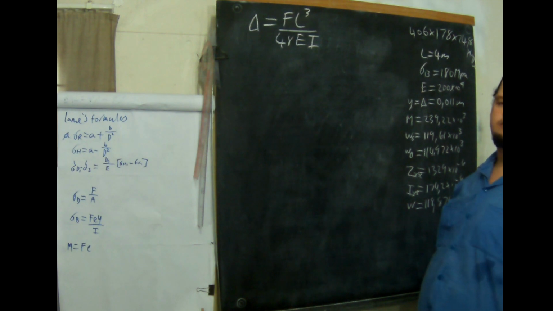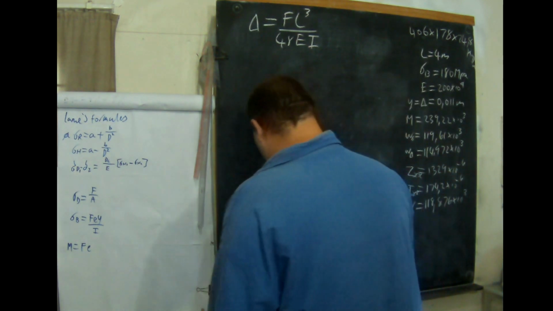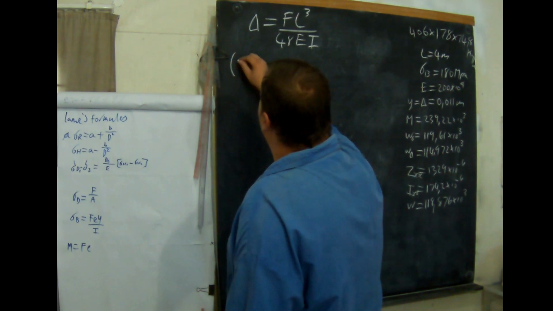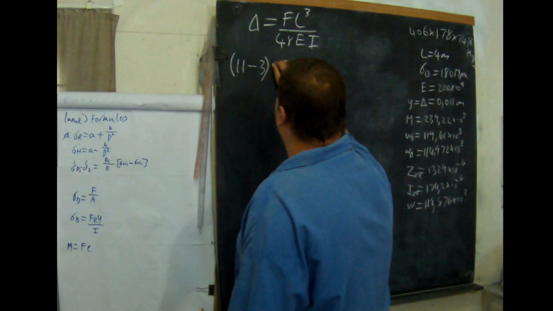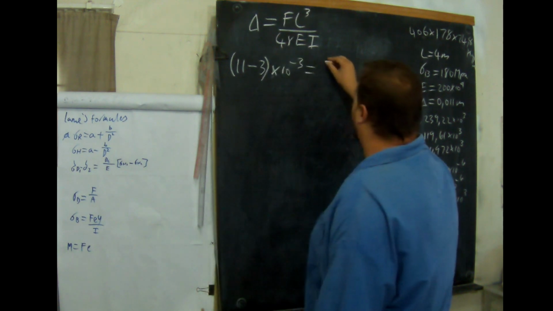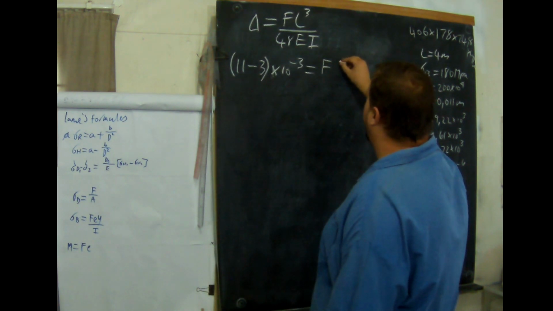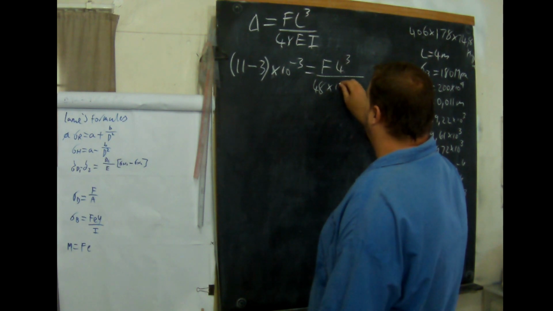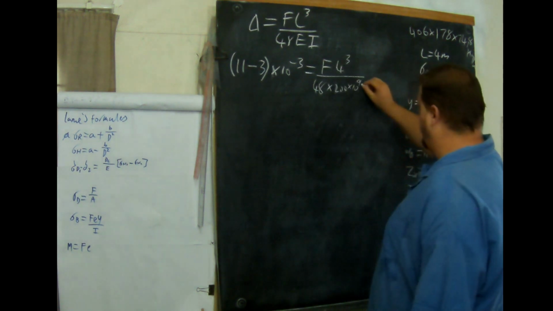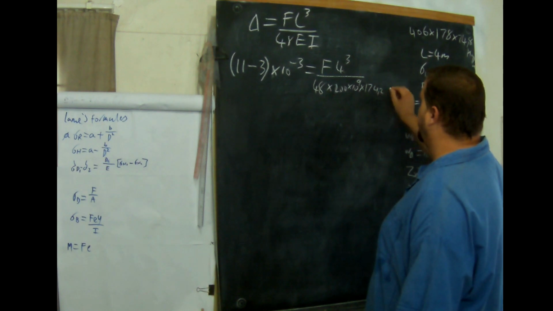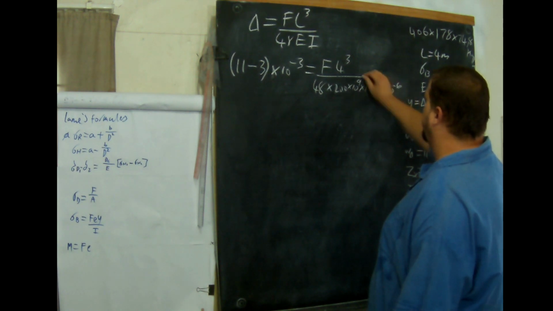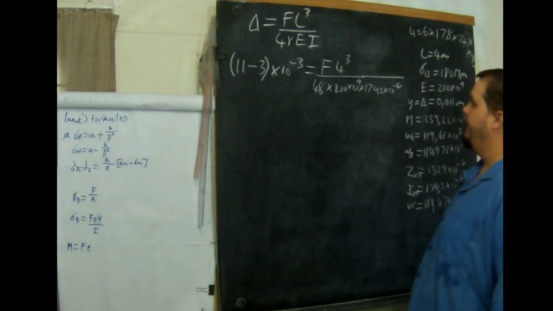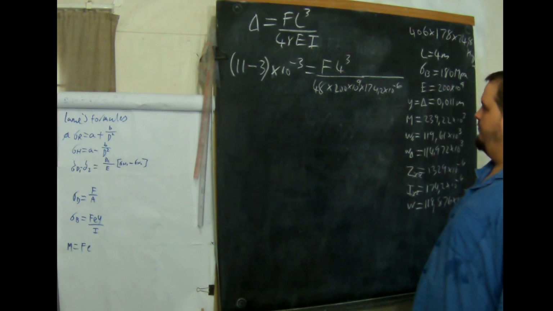Okay, so what we want to do is now we've got two deflections here. So 11 minus 3 times 10 to the minus 3 equals. Now, F we don't have, but we do have L, so that's 4 to the power 3 all over 48 times 200 times 10 to the 9 times 174,2 times 10 to the minus 6. Okay, so now what we need to do is a bit of formula manipulation.